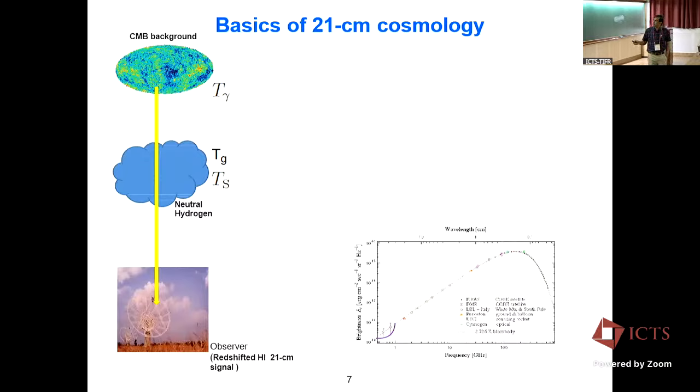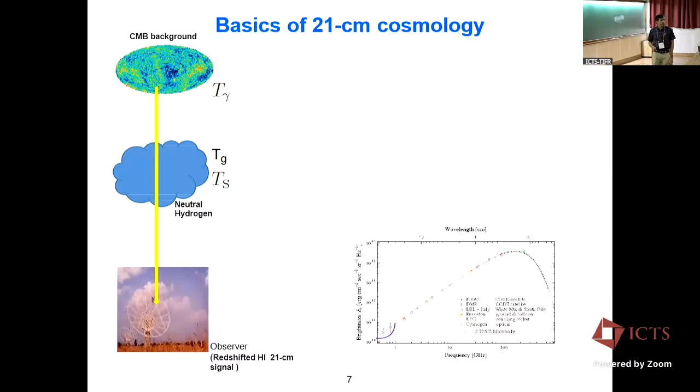And that radiation is passing through the neutral hydrogen cloud, and we are observing it from the present epoch, from a ground-based telescope. So now, if you imagine that there is no cloud, cosmic microwave background radiation is just simply passing through an empty space and reaching us, we will see a spectrum like this.